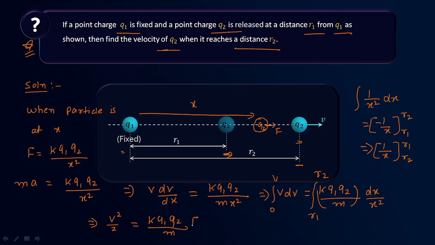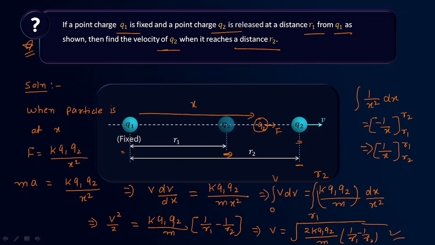So this will become 1 by r1 minus 1 by r2. So from here, simplified, 2 will move to the right side. So v will be equal to root under of 2 k q1 q2 divided by m into 1 by r1 minus 1 by r2. This will be our answer.